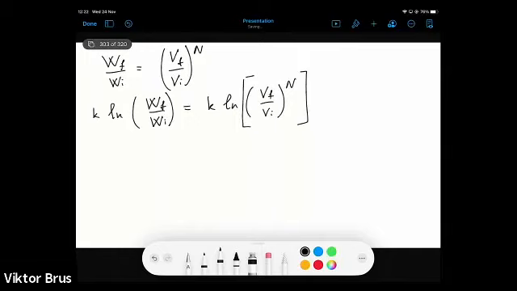So now taking into account the properties of natural logarithms, we can get this n, which is the power, as a coefficient in front of the natural logarithm. So it will be k times n times natural logarithm of V final divided by V initial.